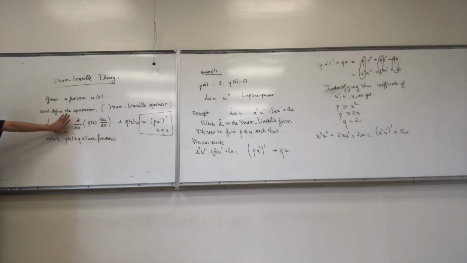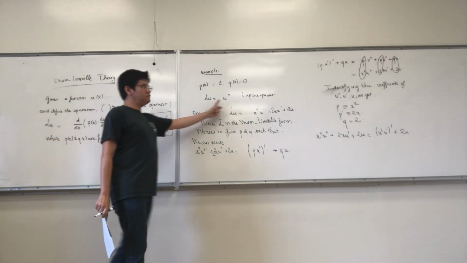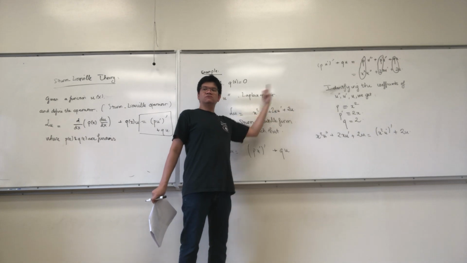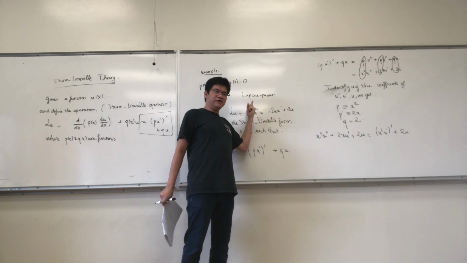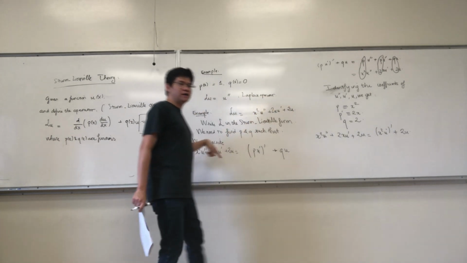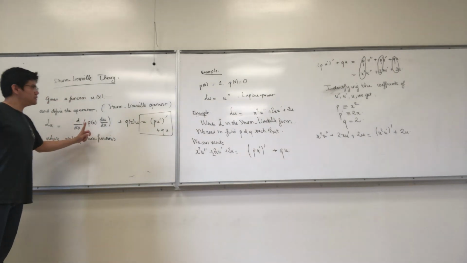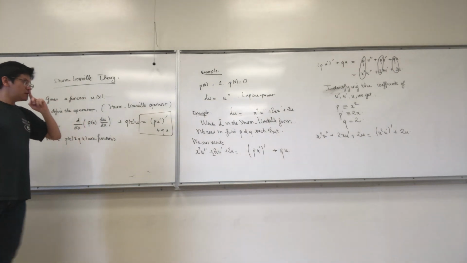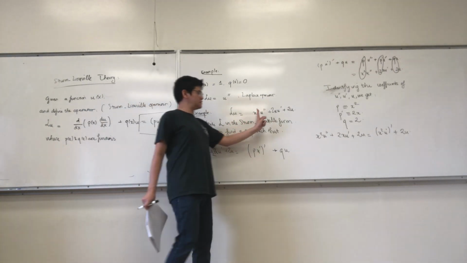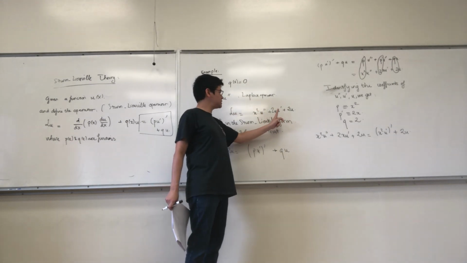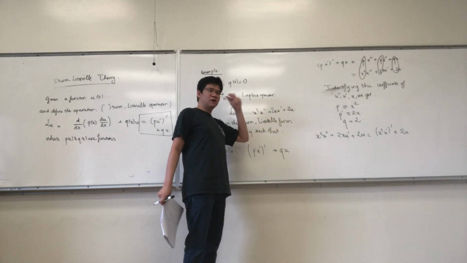So basically this is the form that we are going to study. In the previous example, the Laplace operator corresponds to the special case of P is 1 and Q is 0. And then, for instance, this one, x squared u'' plus 2x u' plus 2u.